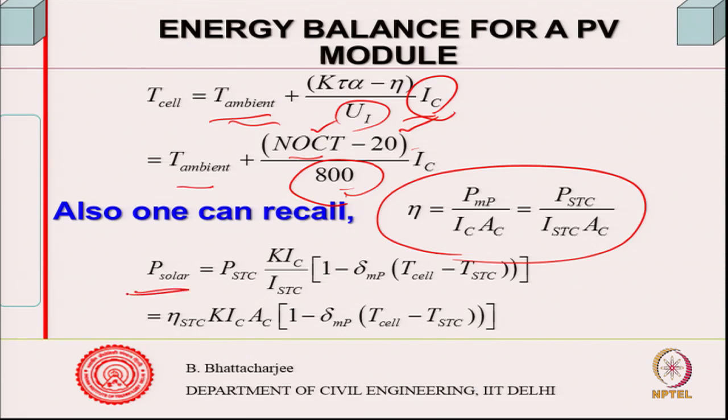and P solar is equal to PMP, if you remember, it is a function of temperature, and this was T cell minus T standard condition. For standard condition, T cell minus TSC into delta MP, because standard condition I know and cell temperature I know. So, P solar will be given by this PMP, and remember this efficiency we have written in terms of PMP divided by IC.